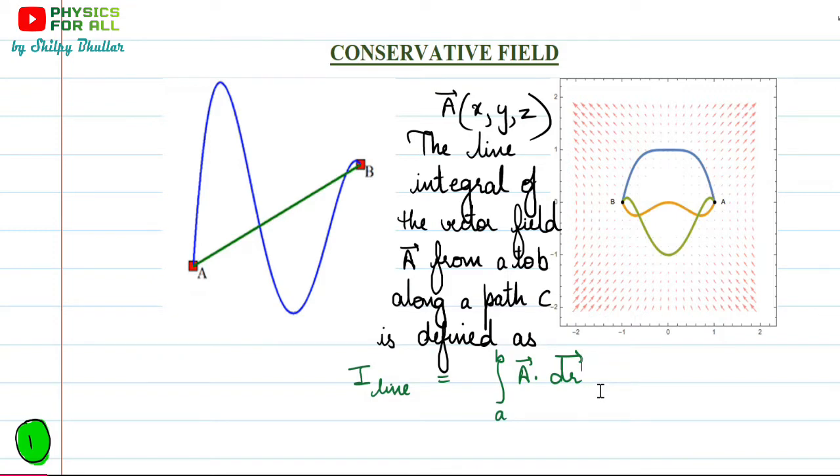So that means the value of the line integral, okay, fine, again see, whenever vector is present and we have 2 points in the vector field and we draw any curve between them, if a line or a curve is drawn, we have to take line integral to get the solution. We have no other choice, because a curve or anything like this, like you can see this blue curve, or in this figure this orange, green and this other blue color, they all represent curves, but still they are one dimensional. So we have to take line integral.